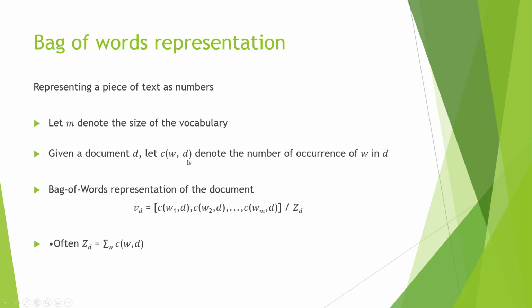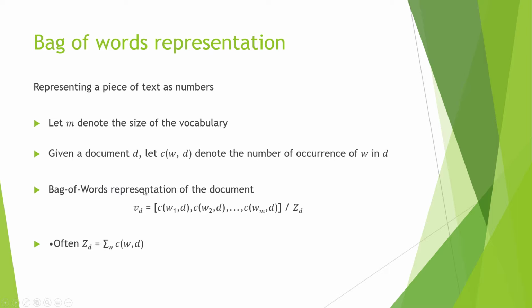So if you normalize that with some number, you're going to get a probability or distribution of different words in a document, and that's what we use to represent the document when we're building a project in NLP.